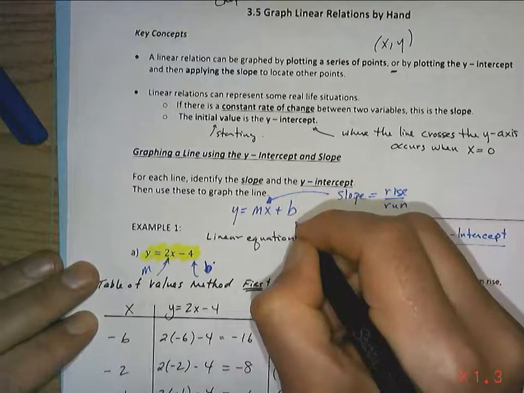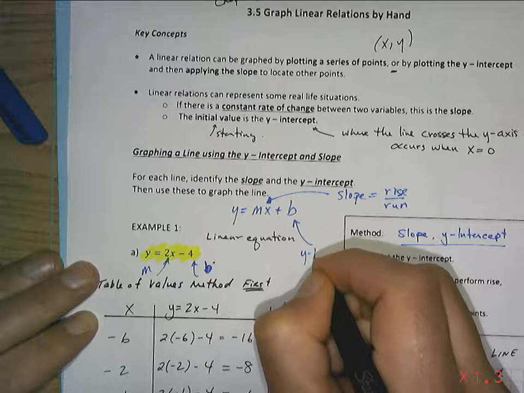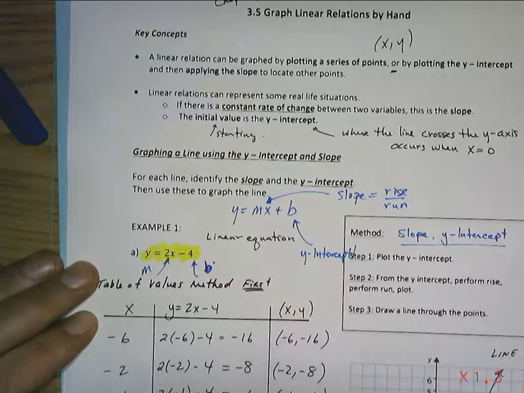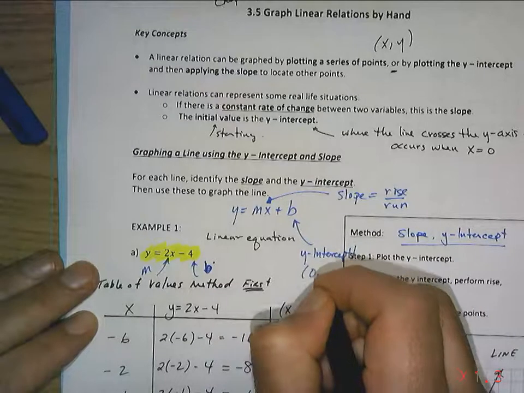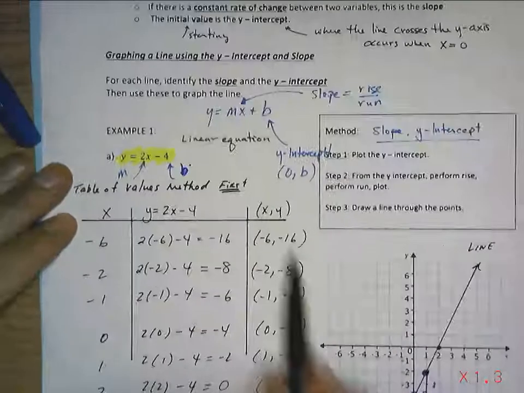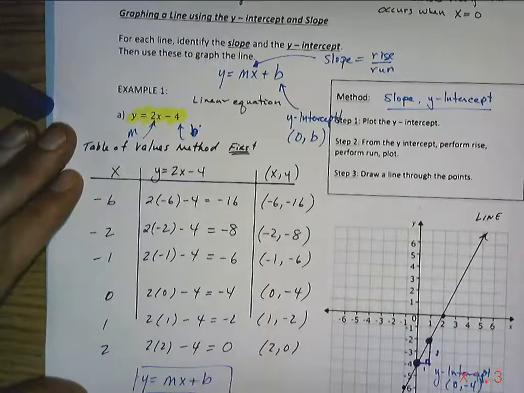And your y-intercept is your b value. And your y-intercept is where it crosses the y-axis, which means it's always going to be 0, b for the point. It has to be 0 because it's crossing the y-axis, so the x value must be 0. If it was anything else, it wouldn't be on the y-axis.